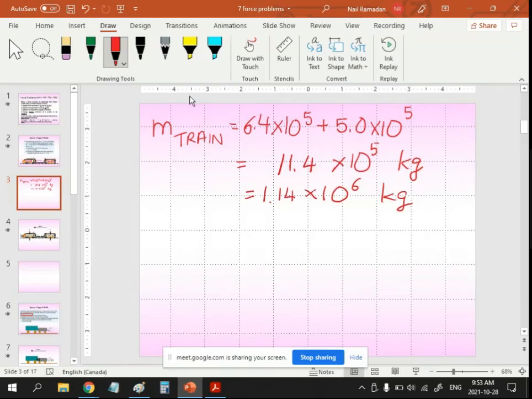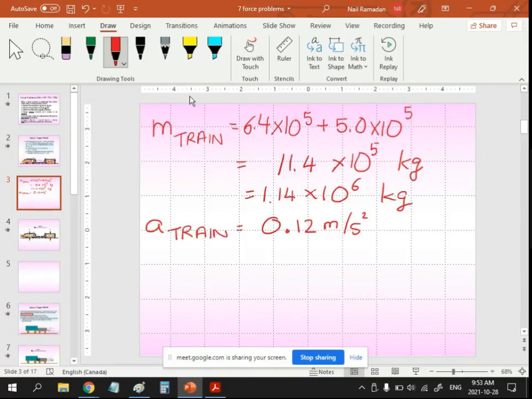0.12. Did we say that both cars, even with the mechanism in between, are moving at the same pace? So that means what? A of the whole train equals 0.12 meters per second squared. Okay, everyone, do not bother with the direction.